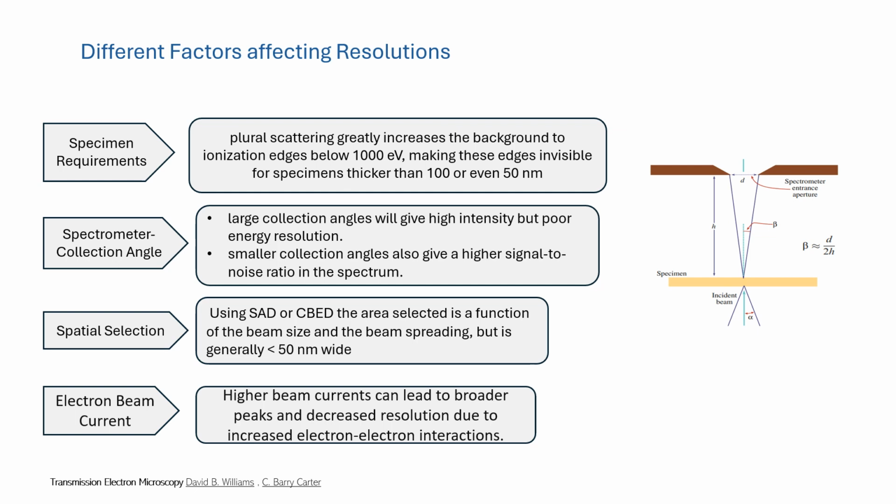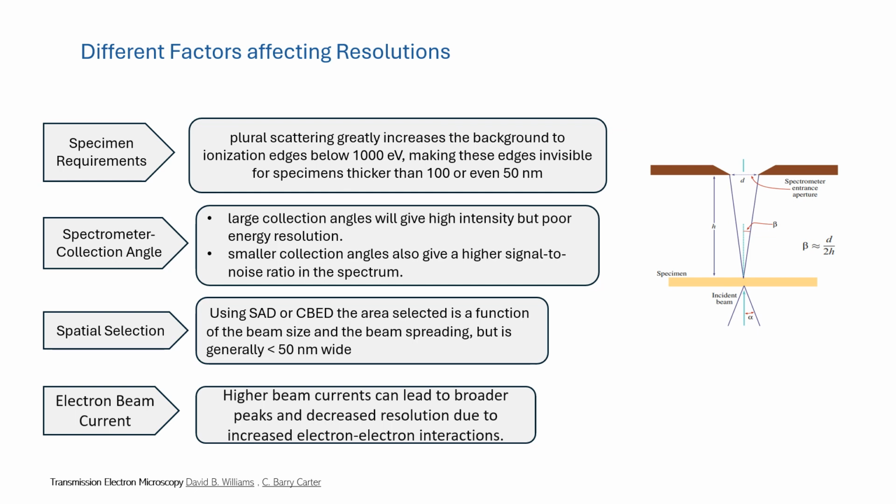The larger the collection angle, the higher the intensity, but it gives poor energy resolution. On the other side, a smaller collection angle gives a higher signal to noise ratio in the spectrum.